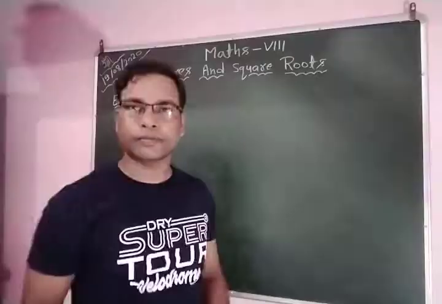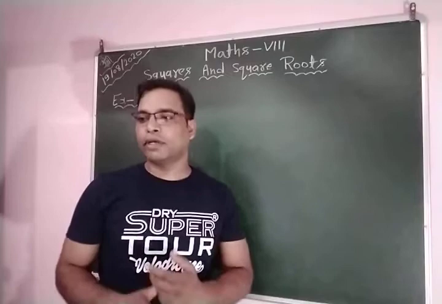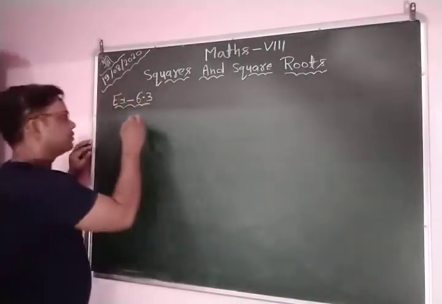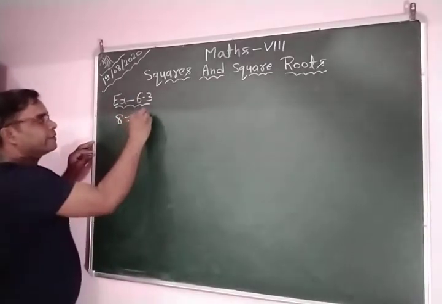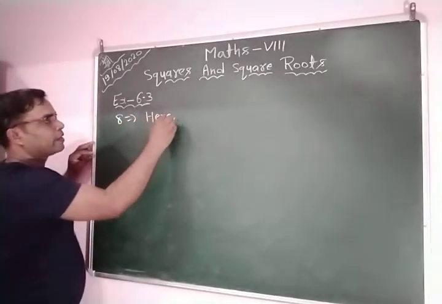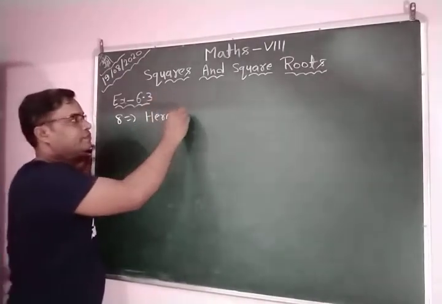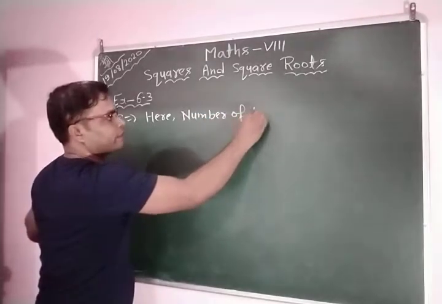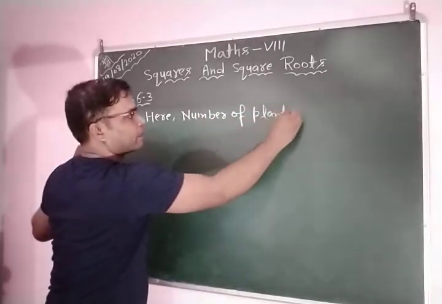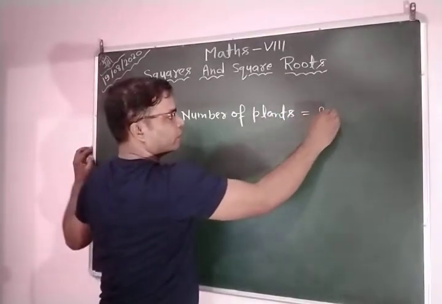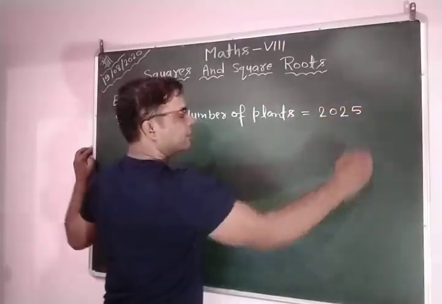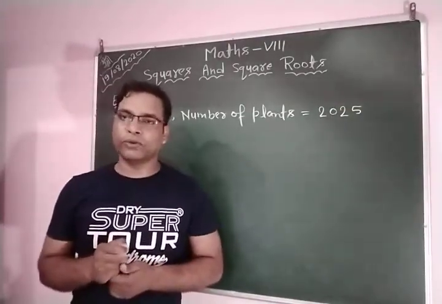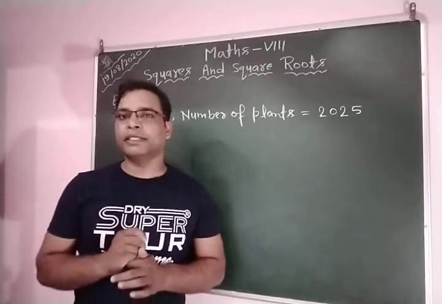In this question the total number of plants is given. So first you write: number of plants is equal to 2025. This is given. Also given, in this garden the number of rows is equal to the number of plants in each row.